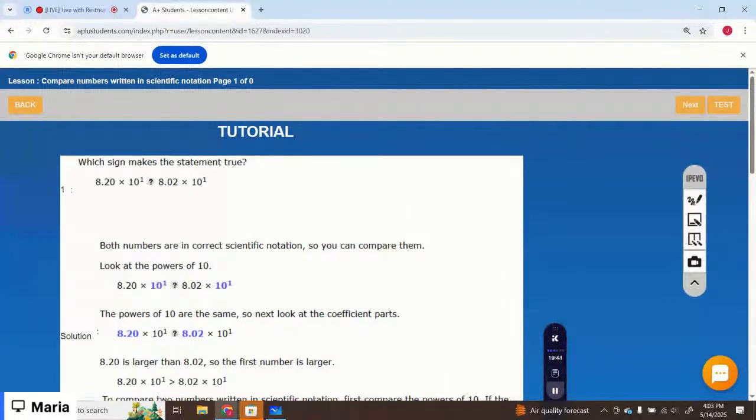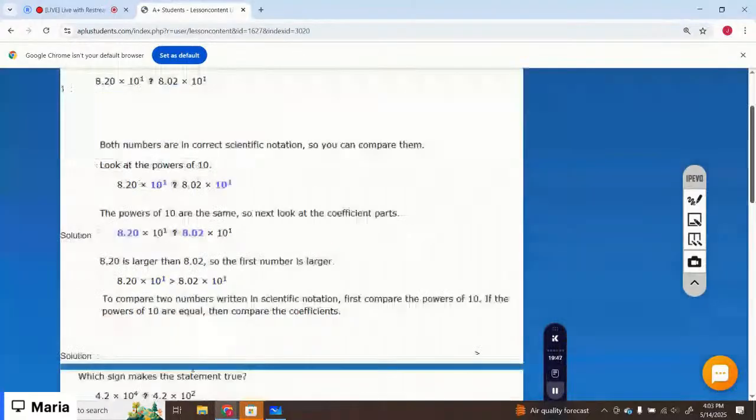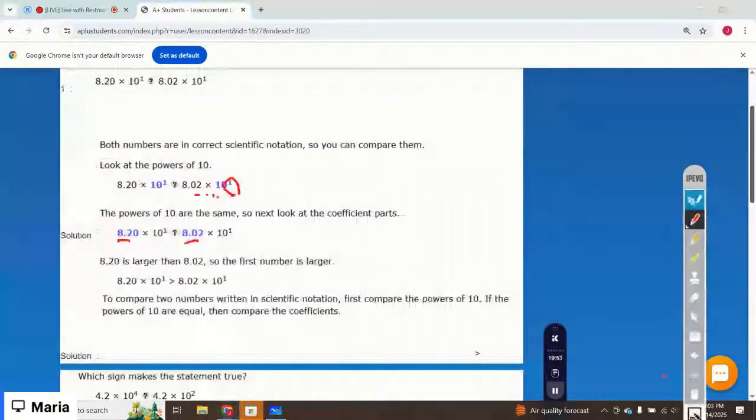Now you have to look at the coefficient part because the powers of 10 are the same. 8.20 and 8.02. 8.2 is larger than 8.02, right? So that means 8.20 times 10 exponent 1 is greater than 8.02 times 10 exponent 1.